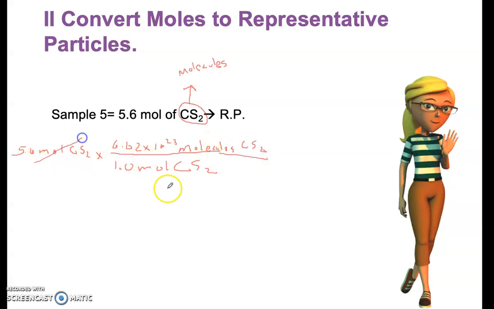Okay, mol cancels out, mol cancels out. Okay, so we're going to multiply 5.6 times Avogadro's number divided by 1. And we're going to get a nice number, 3.4, 2 sig figs.